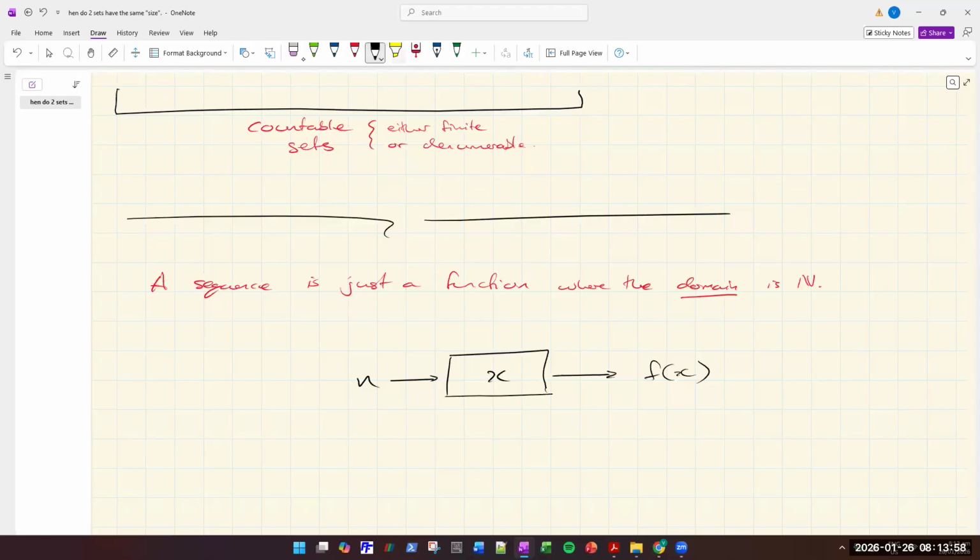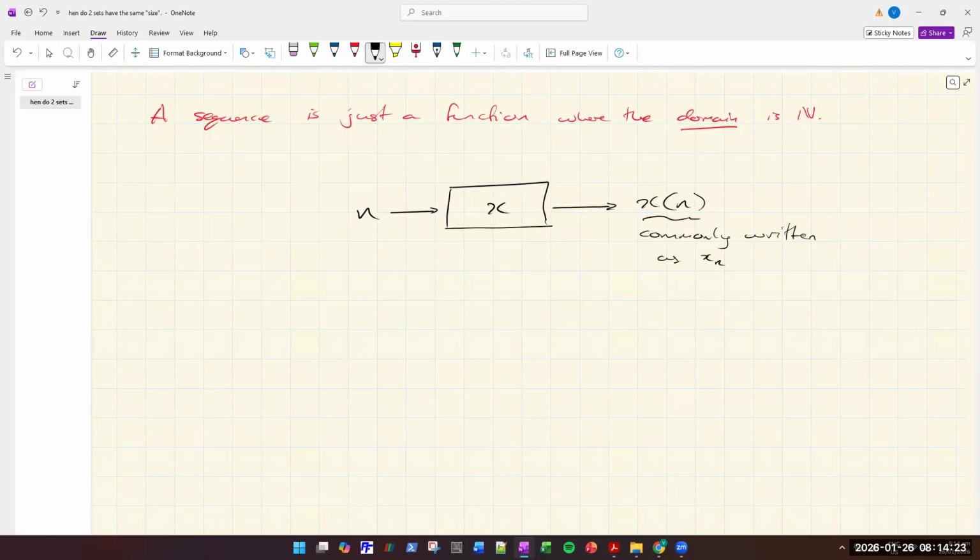And the output will be x of n, or more commonly written as simply x sub n. So this is the notation for a sequence.